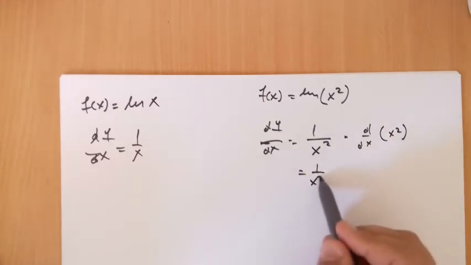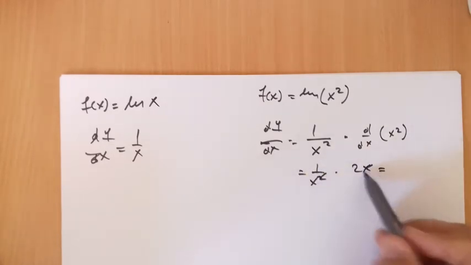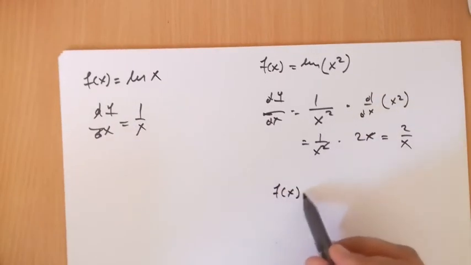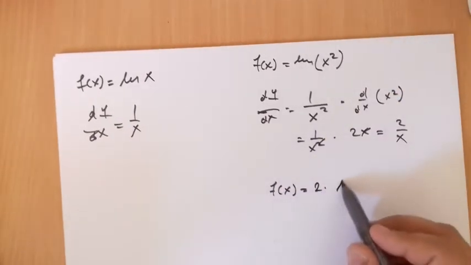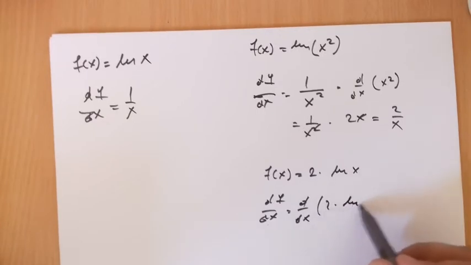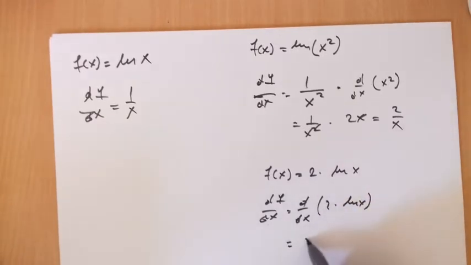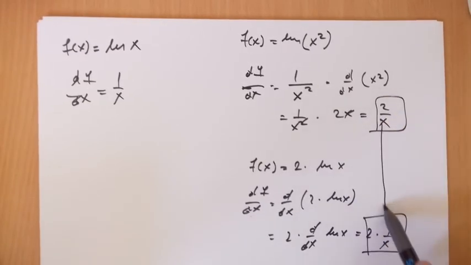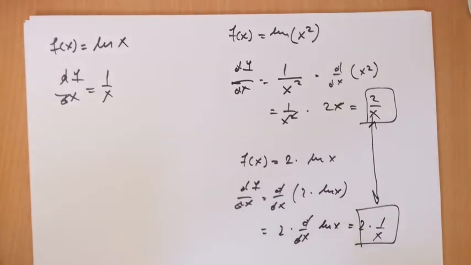So 1 over x squared times 2x, which is 2 over x. This is obvious because f of x can be written as 2 times ln of x. So df by dx is d by dx of 2 times ln of x. 2 is a constant, so it goes before, times d by dx of ln of x, which is 2 times 1 over x. Same here.